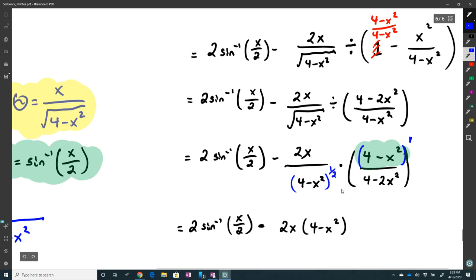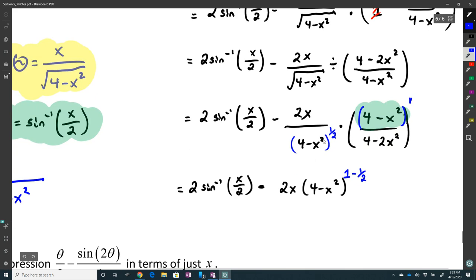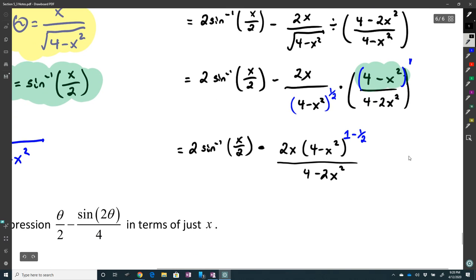So again, just to show you what I did, this is 1 minus a half. And that takes care of those two. And you're left with just 4 minus 2x squared on the bottom. All right. And yeah, that's it.